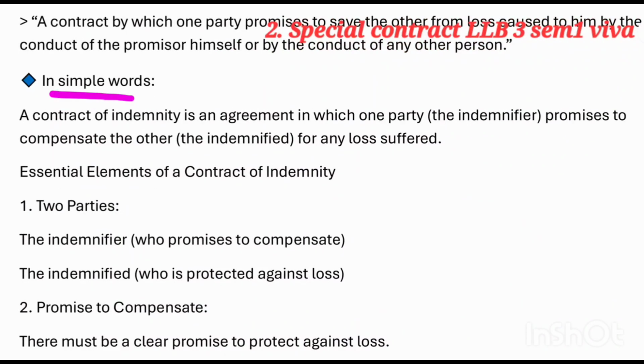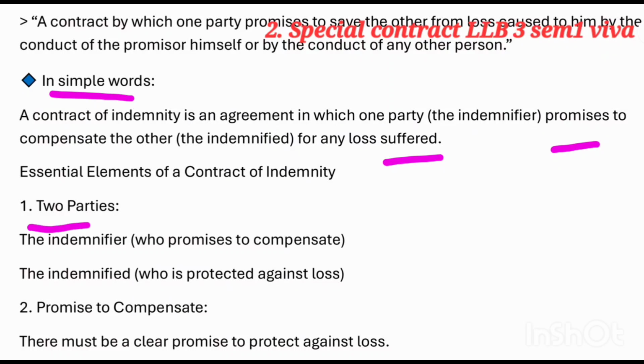In simple words, a contract of indemnity is an agreement in which one party promises to compensate the other for any loss suffered. Essential elements of the contract of indemnity.